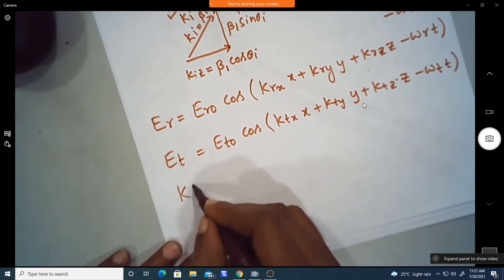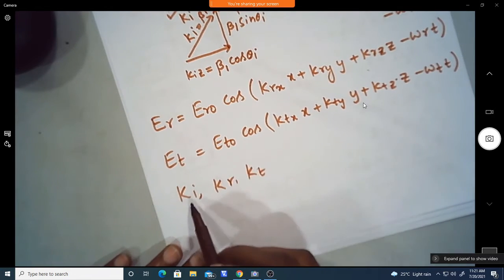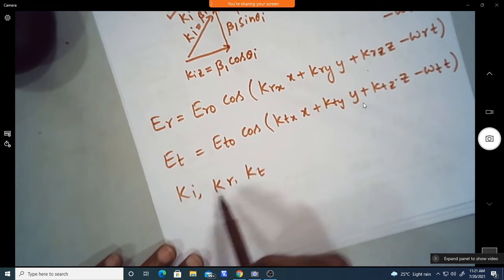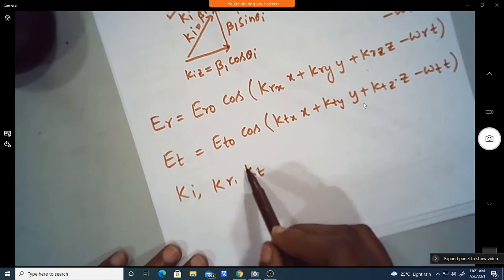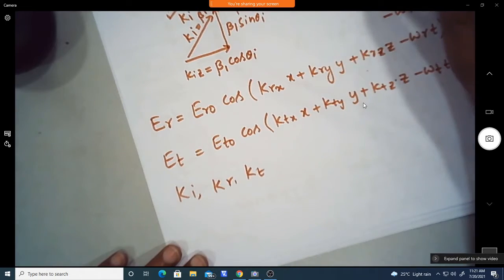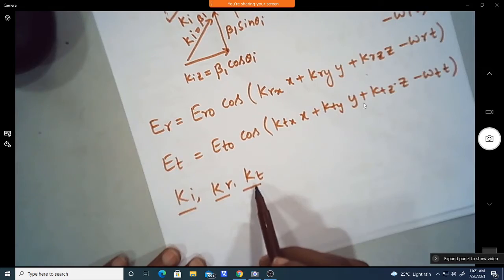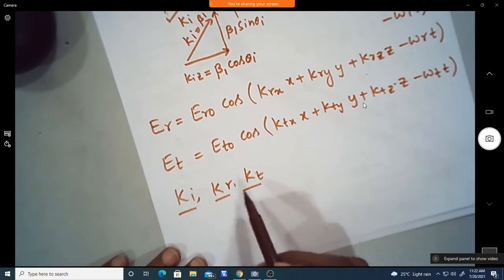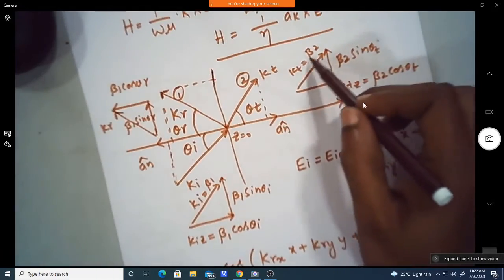We have ki, kr and kt, the propagation vectors of the incident, reflected and transmitted fields, and each has both normal and tangential components, which is what we have resolved here.